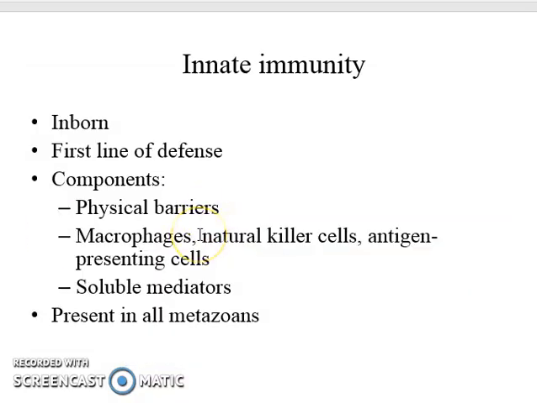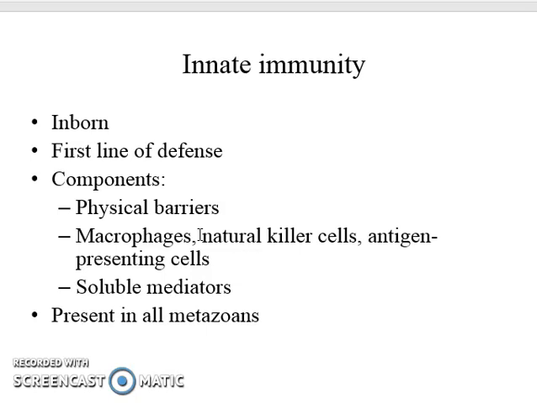So first we discuss innate immunity. What are the features of innate immunity? Innate immunity is also called native or natural immunity. It is present from birth and consists of many factors that are relatively non-specific, that is, it operates against almost any foreign molecules and pathogens.